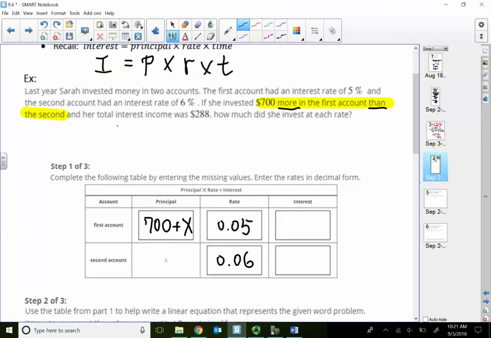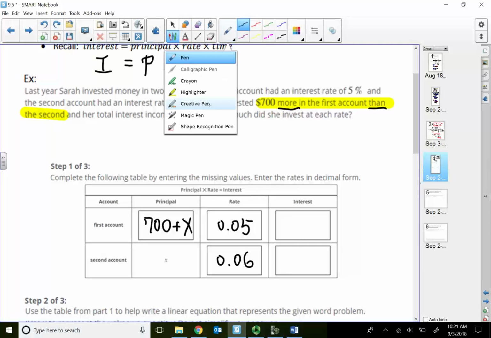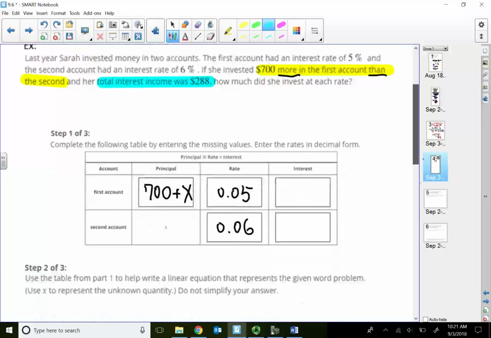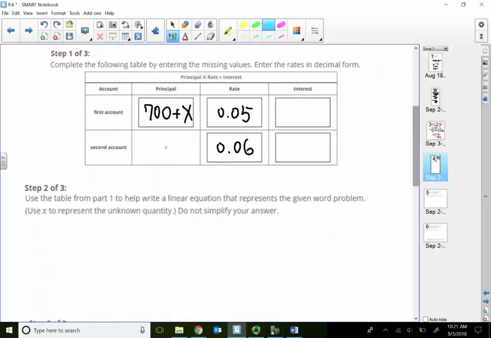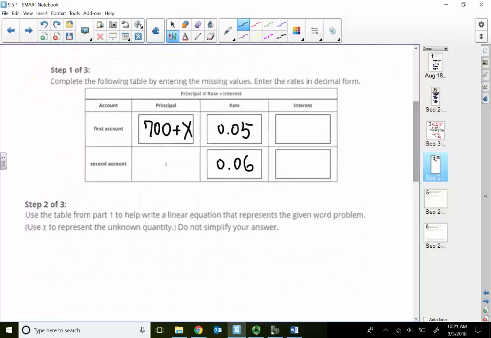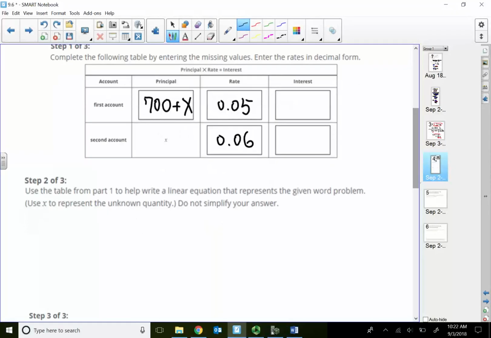And her total interest, this part is what I need to write out my equation. The total interest is 288. What that means is I've got two different accounts.